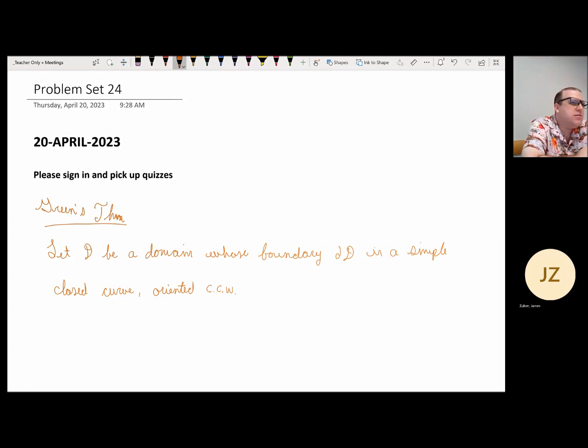D is a domain whose boundary is a simple closed curve oriented counterclockwise.